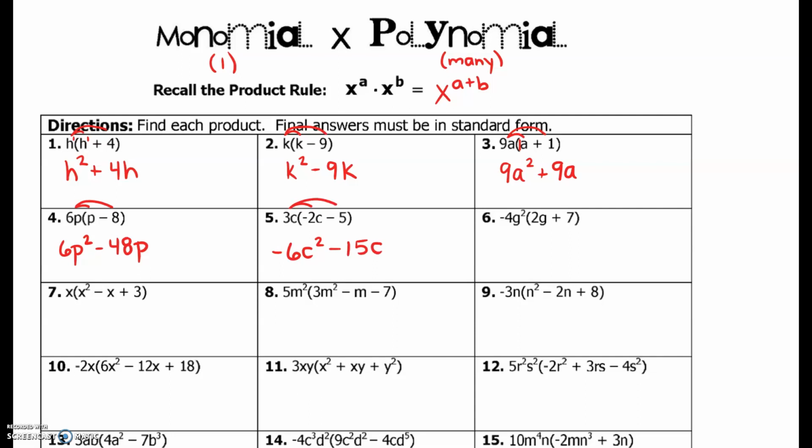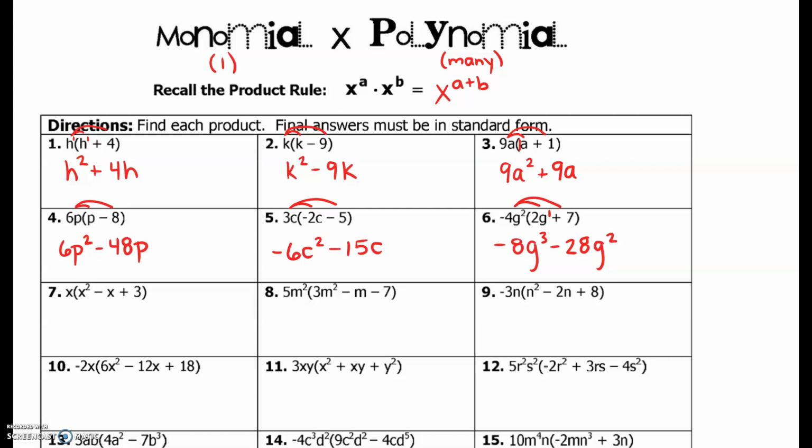Continuing along in number 6, negative 4 times 2 is negative 8. Now here you have 2 plus 1g, so that would give you g to the third, and then negative 4g squared times 7 is negative 28, and you keep the g squared in your final answer.